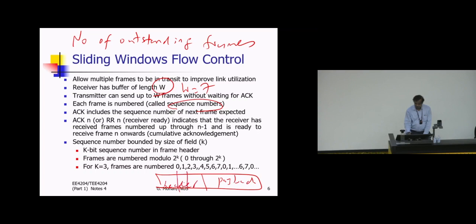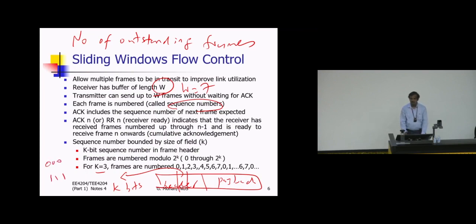And in the header, K bits are used to represent the sequence number. The header carries information like destination address, source address, etc. In addition to that, it also carries the sequence number, a few bits. For example, if K equals 3, the frames are numbered from 000 to 111.